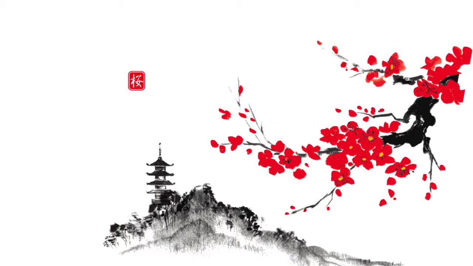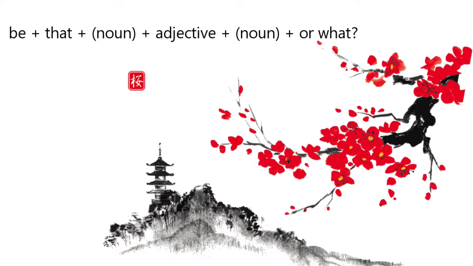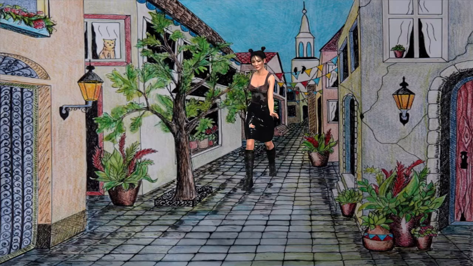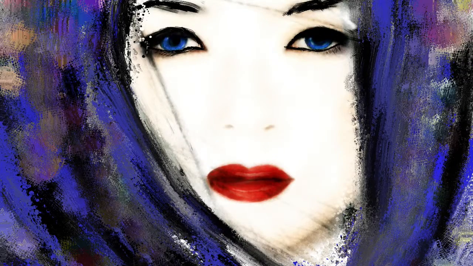So the expression that we can use is: be, that, noun, adjective, noun, or what. Now you can have the noun at the front of the sentence, or you can have the noun at the back of the sentence. Let's look at an example. So here you are walking along the street and you see this beautiful painting in a window.